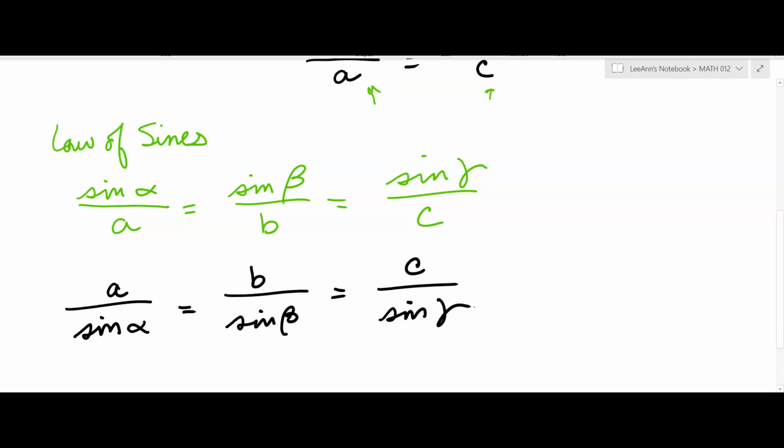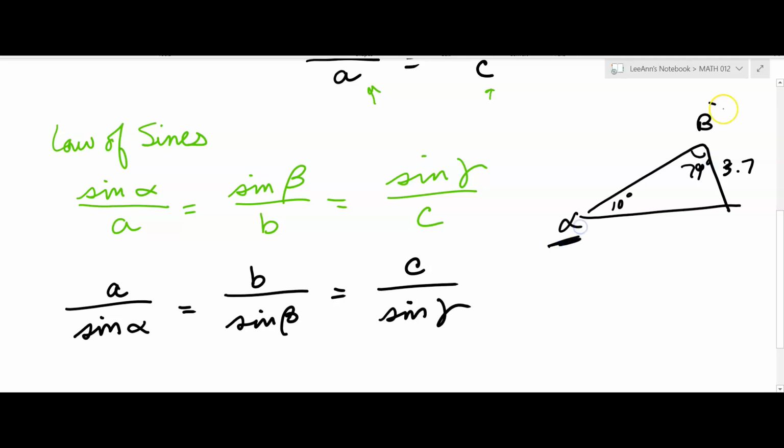To show you, let's say you had a triangle and you knew alpha was 10 degrees, and this side was 3.7 meters. And you knew this angle up here, beta, was 79 degrees. Then you'd want to use the alpha-beta part, because that's what you have information for.